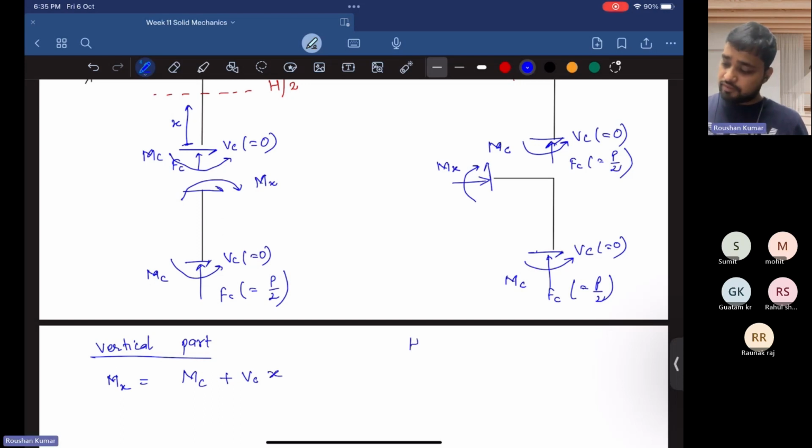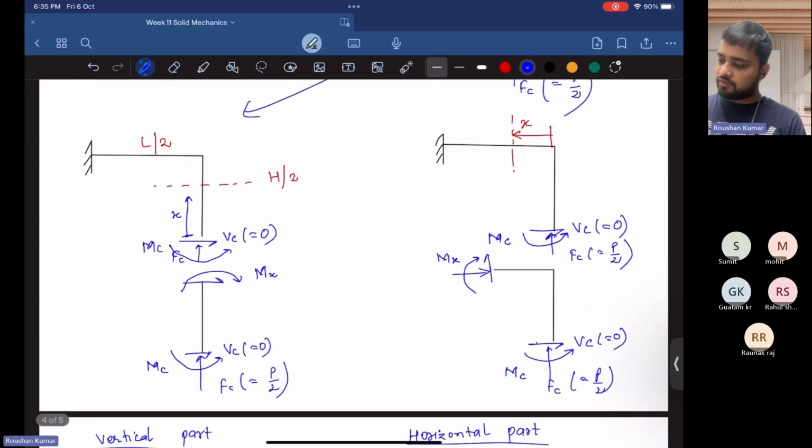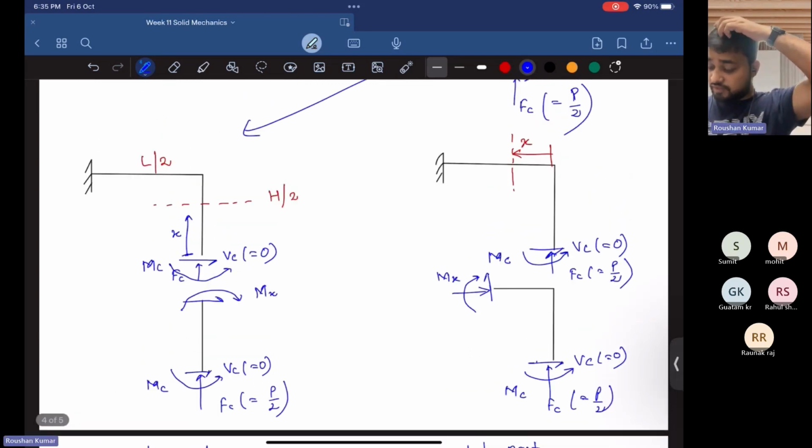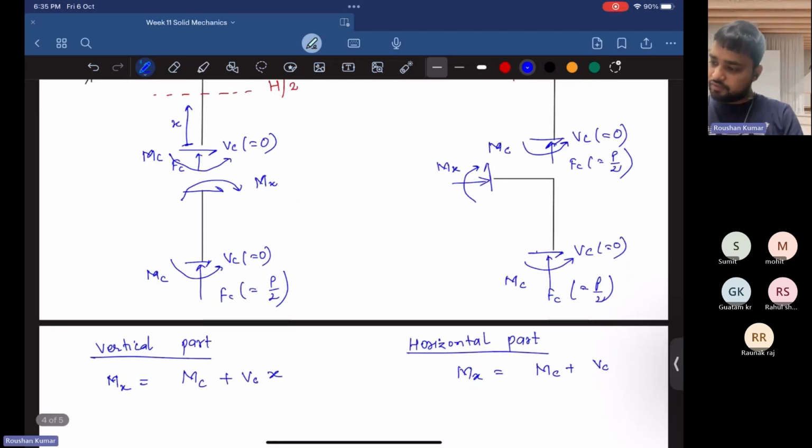And for the horizontal part, Mx is equal to Mc plus Vc into h by 2, because this distance is h by 2, plus Fc into x.